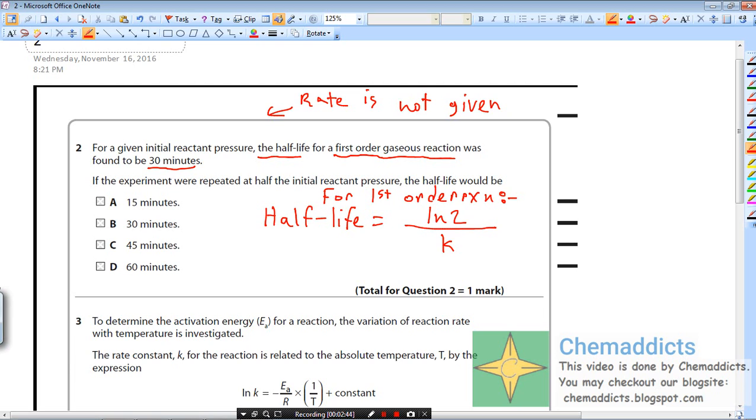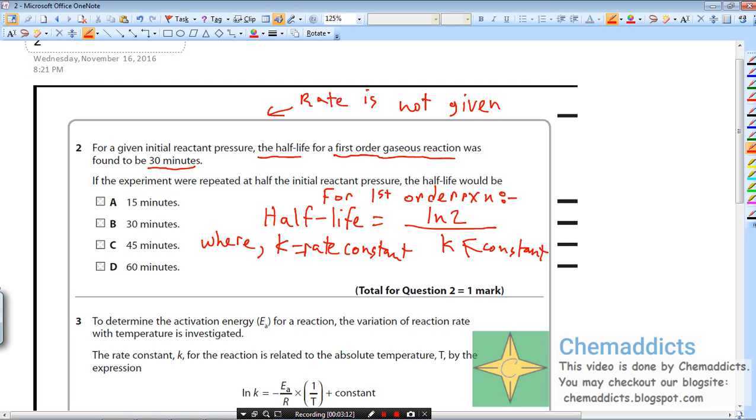We know that for a first order reaction, k is the rate constant. Since k is the rate constant, we all know that for a first order reaction, k is constant.